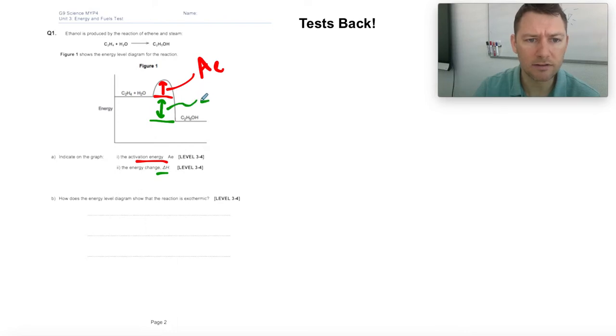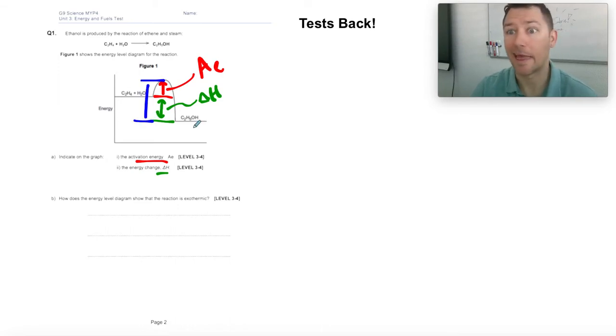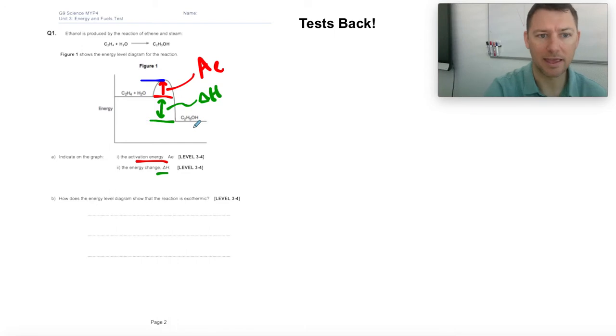This is delta H, the overall change in enthalpy. It's not this. That's the change from the activated energy state to the lowest energy state. But these are the two pieces we're looking for.